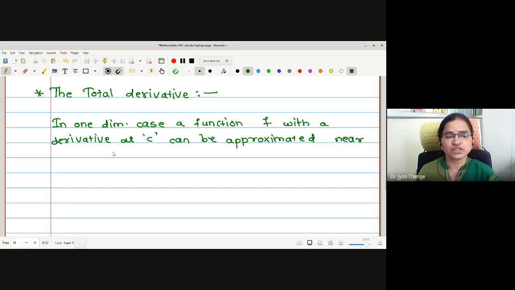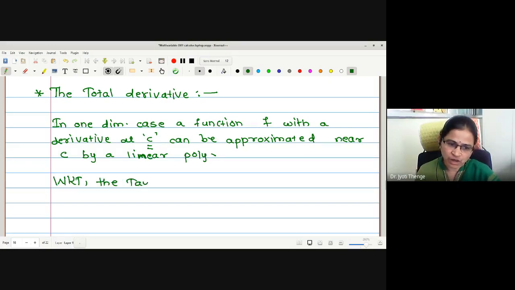That is, if the value of a function and its derivative at this point is known to us, we can find the value of the function near c by a linear polynomial. Let me show you how. Okay, we know Taylor's formula, a Taylor series.